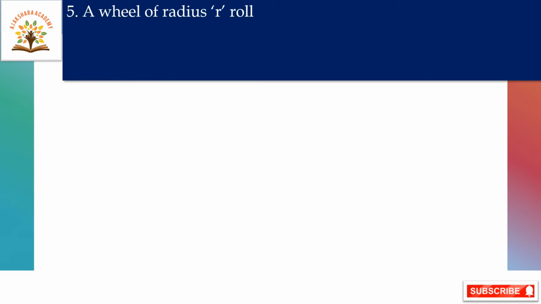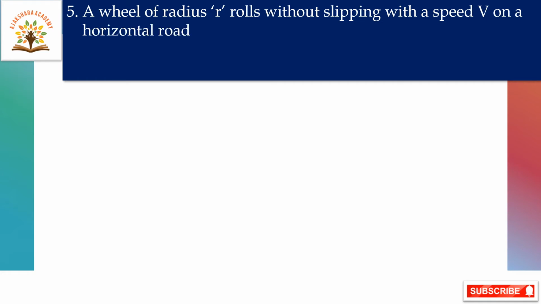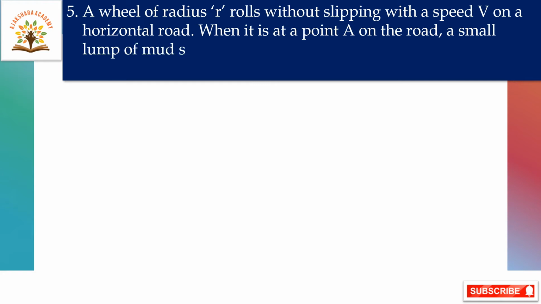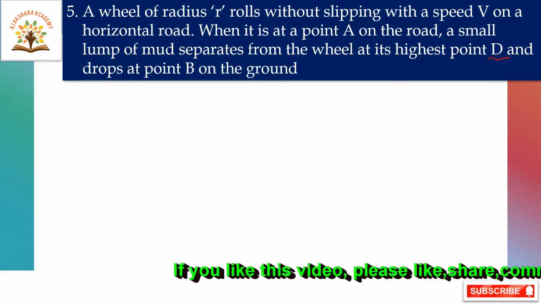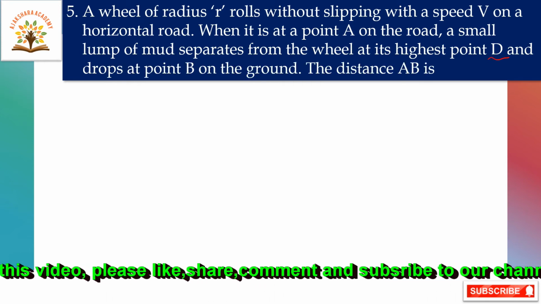A wheel of radius r rolls without slipping with a speed v on a horizontal road. When it is at a point A on the road, a small lump of mud separates from the wheel at its highest point D and drops at a point B on the ground.